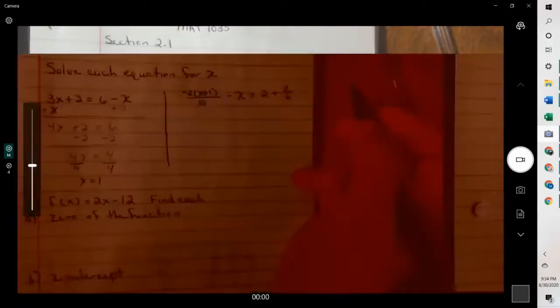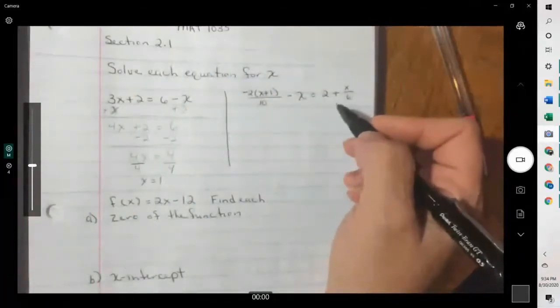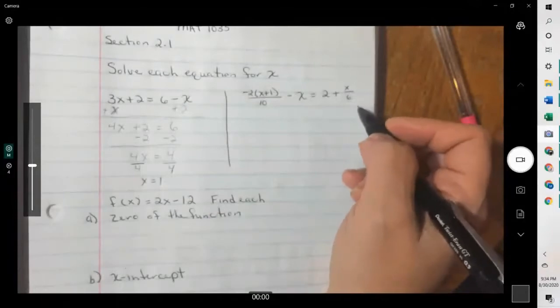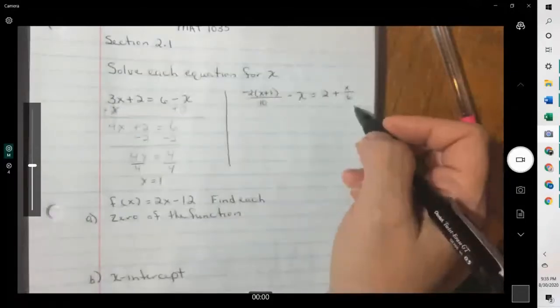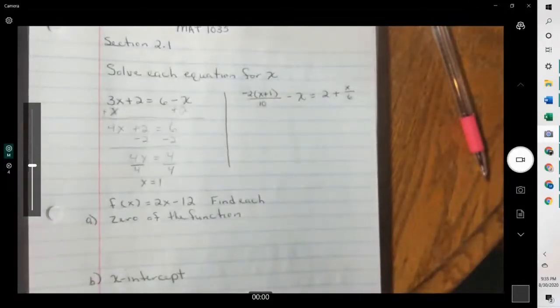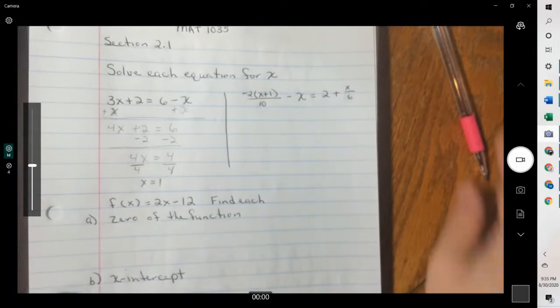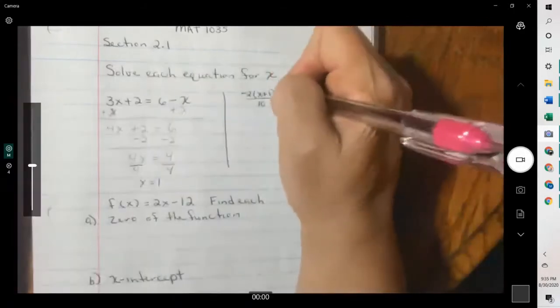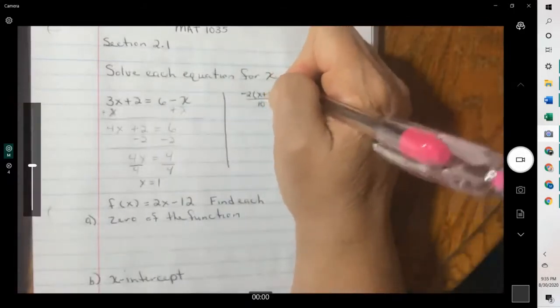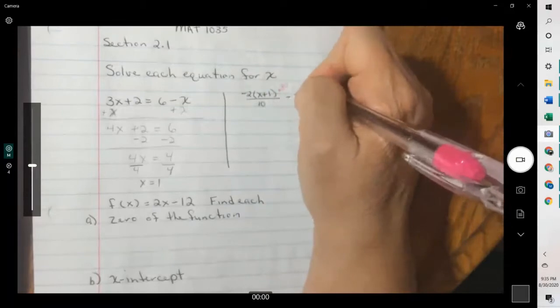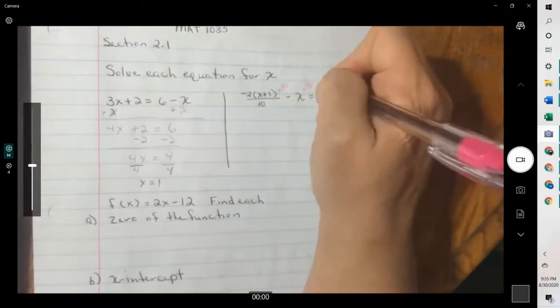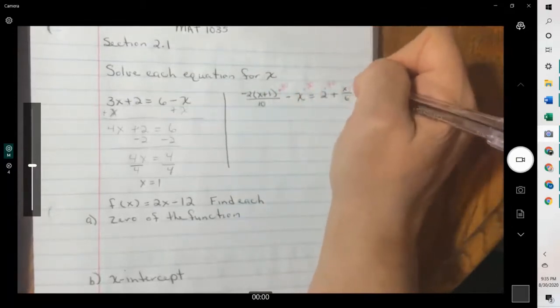You could take 6 times 10 and get 60, but it's going to be a little large and you'd have to reduce some. They would also both go into 30. So if you can find a smaller value, it's better, but multiplying together isn't wrong. But 10 and 6 both go into 30. So I'm going to multiply by 30. But remember, you multiply every term by 30.